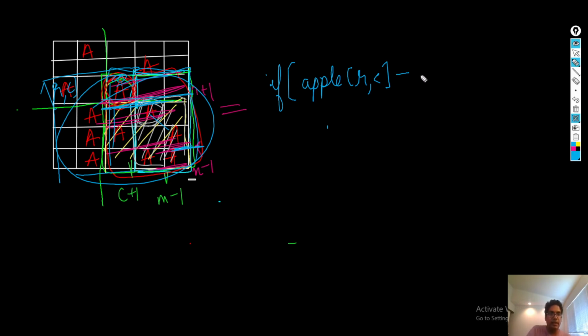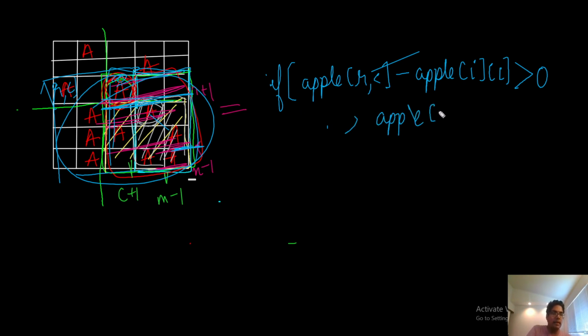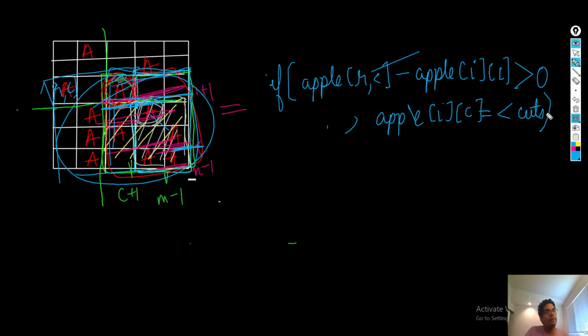Let's say you're making a cut at the ith row, so minus apples at ith row, column fixed. This is basically so there are some apples to make a cut at in whatever subarray you're making. You also need to make sure that the number of cuts is greater than or equal to this, because if there are more cuts than apples, that can be a problem.